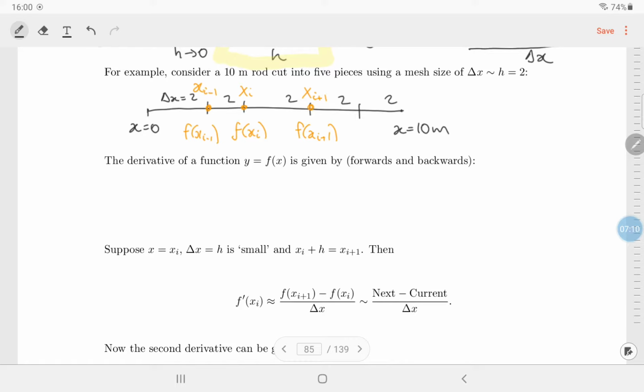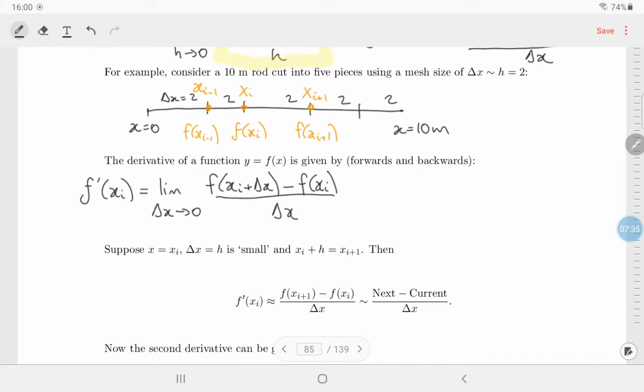for xi. The derivative of the function at xi is equal to the limit as h, well, maybe we'll go to delta x now, as delta x goes to 0, of f of xi plus delta x minus f of xi, divided by delta x.